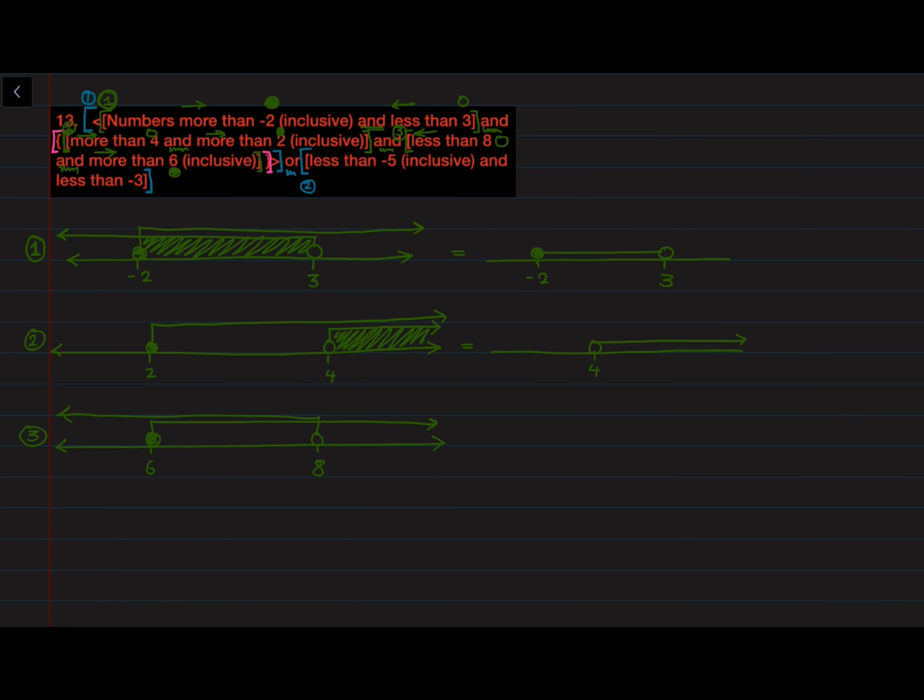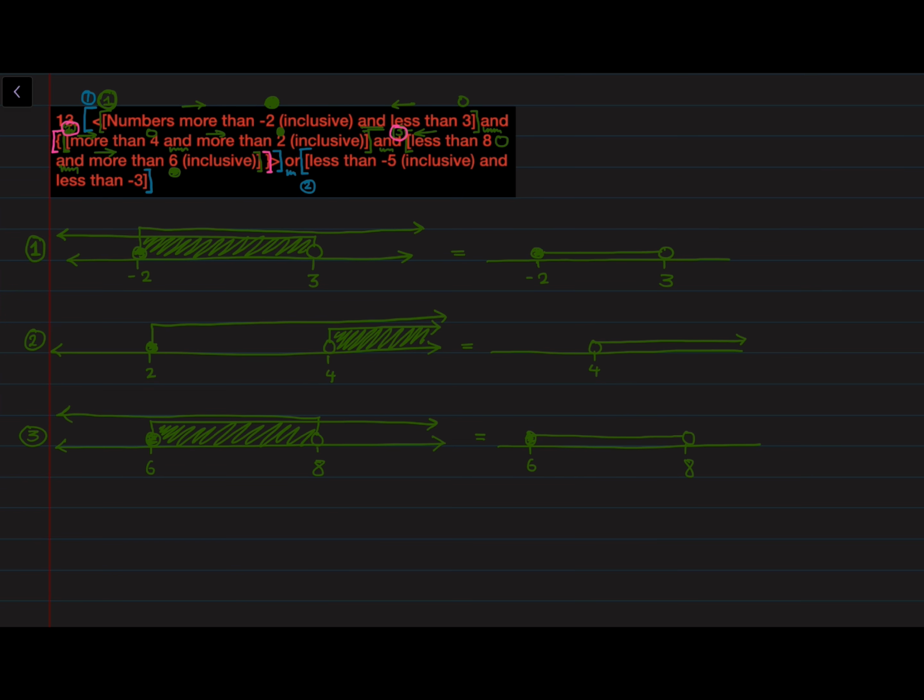Because it's and, we're looking at the overlap, so it's this region, and we get a final interval from 6 to 8, where 6 is included and 8 is excluded, and this is our final answer for number 3.